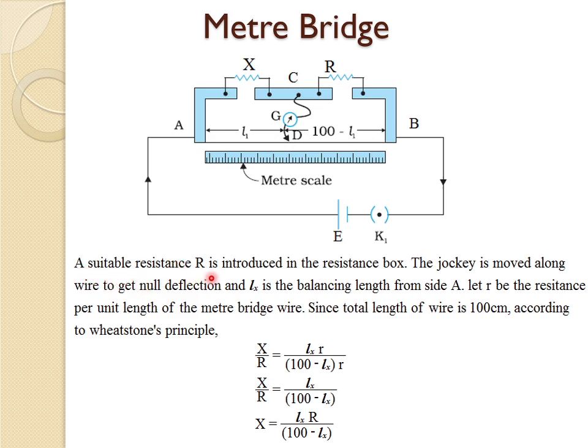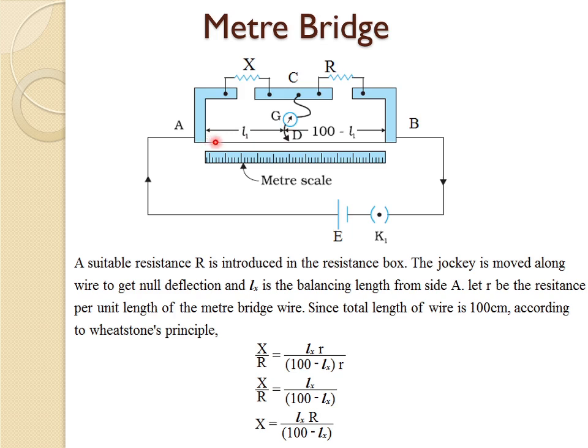A suitable resistance, capital R, is introduced in the resistance box. Then the jockey is moved along the wire to get a null deflection. So we have to move the jockey from the terminal A slowly. Then you can see the galvanometer shows a deflection on one side.